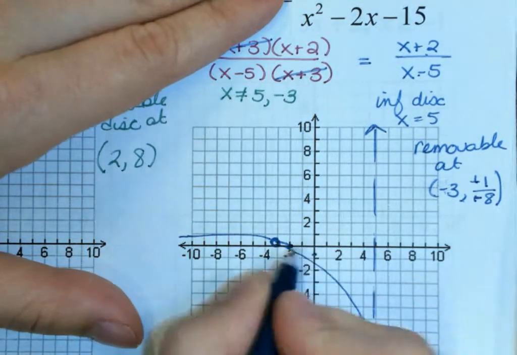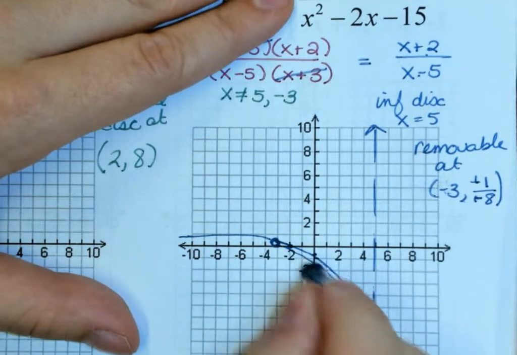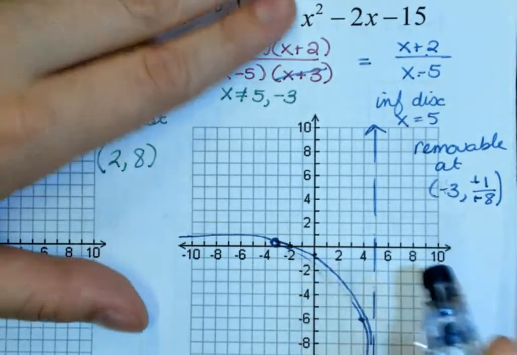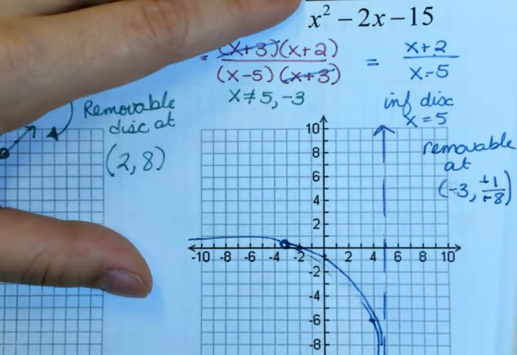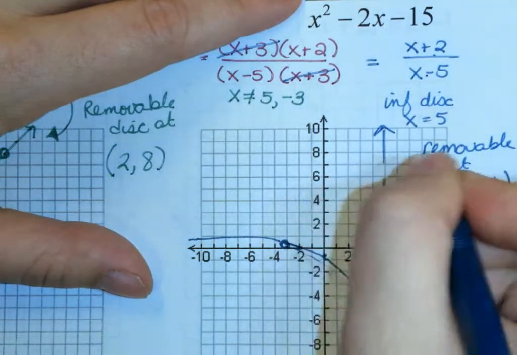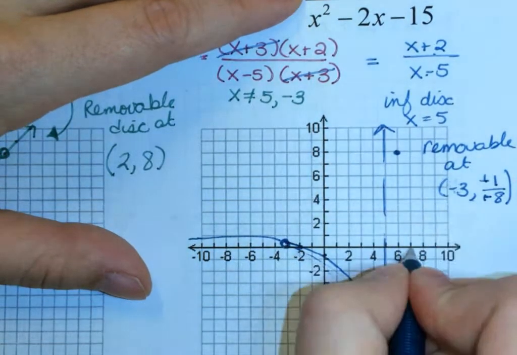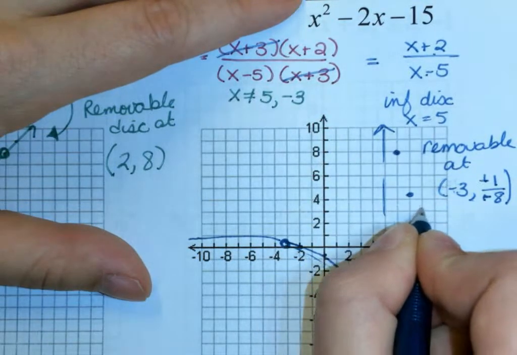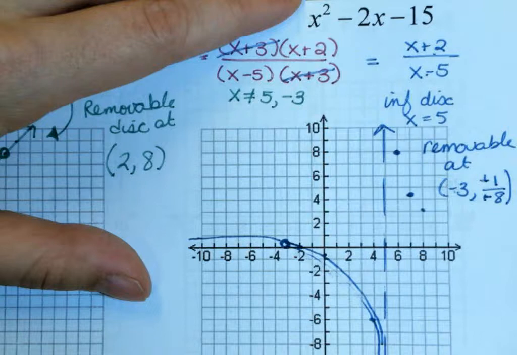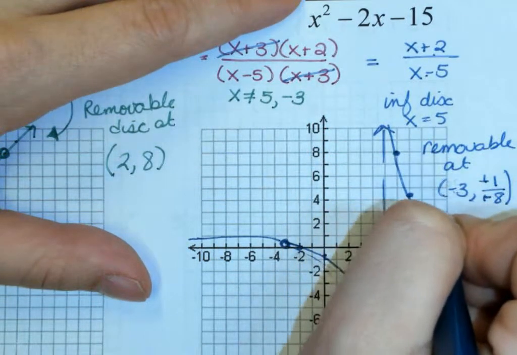The 0 is supposed to be here, so it goes kind of like that. And then on the right-hand side, here's my asymptote. I'm at 6, 8, so I come all the way up here. 7, 4 1/2. 8, 3 1/3. And then it's going to take a while before I get down much further than that.